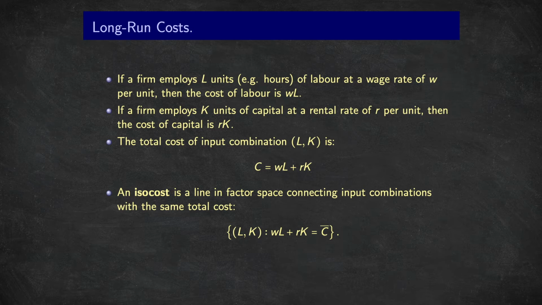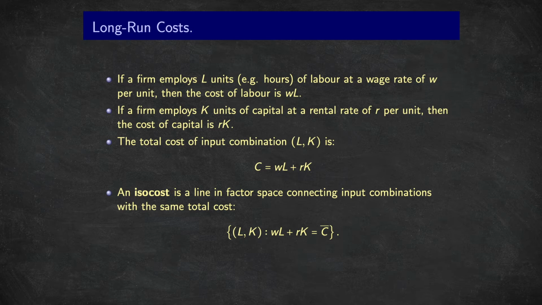So this C here, the cost of an input combination, is not the total cost function. It's simply an amount of money that refers to the total cost of a particular input combination. Now, when we construct the total cost function, we're going to have to optimize our choice of this input combination. So that's what we will work towards today.